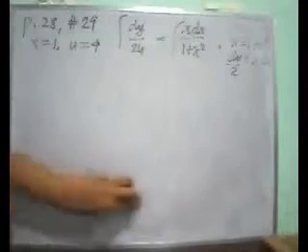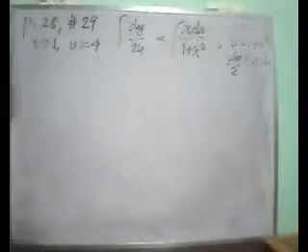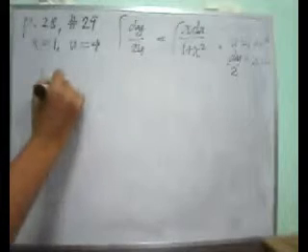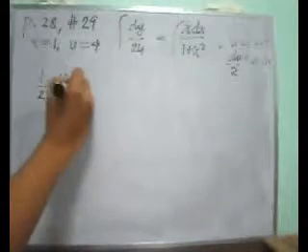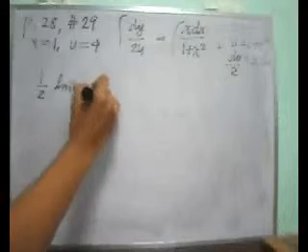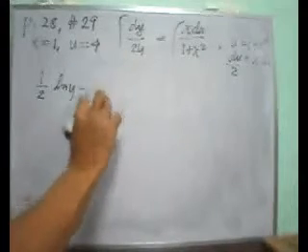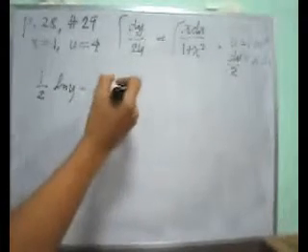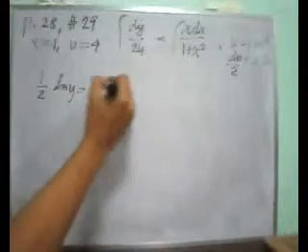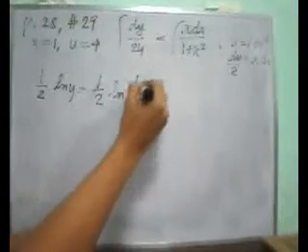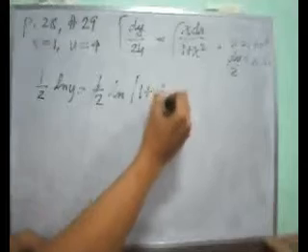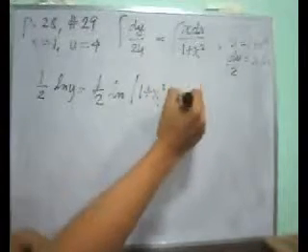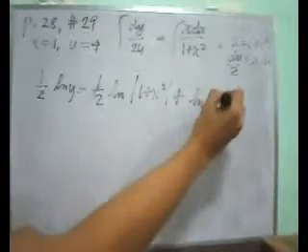Okay, so we can now substitute the c. In our solution, we have 1/2 ln y minus 1/2 equals 1/2 ln of 1 plus x squared plus ln of 2.